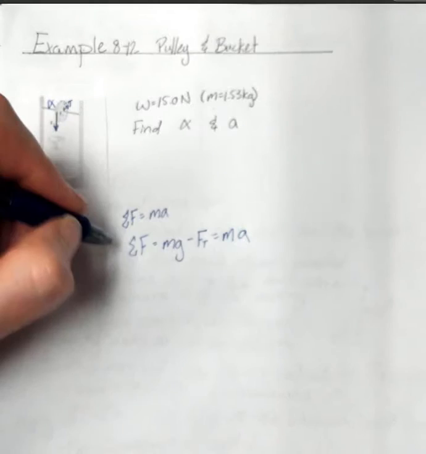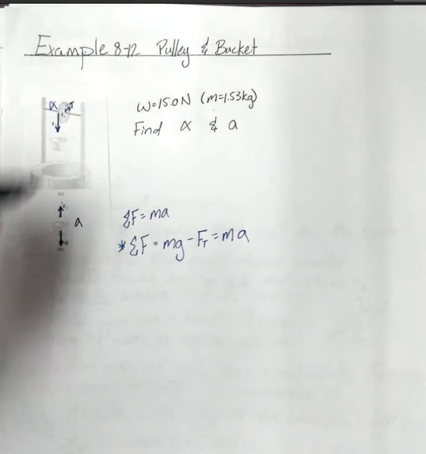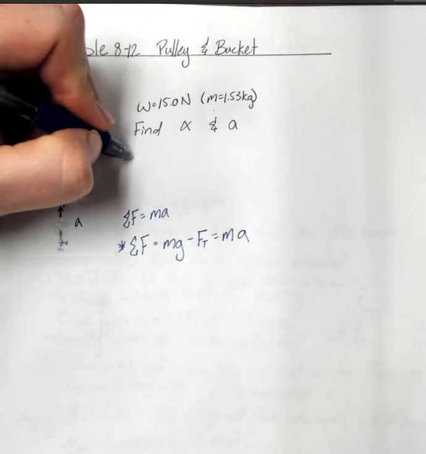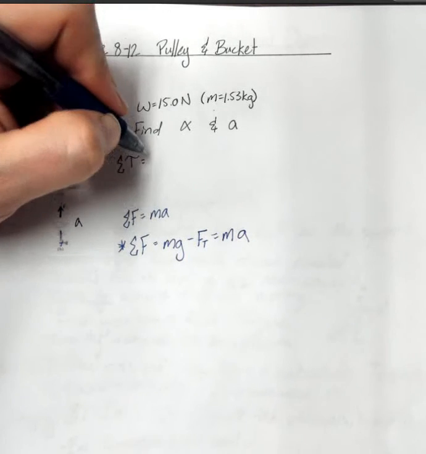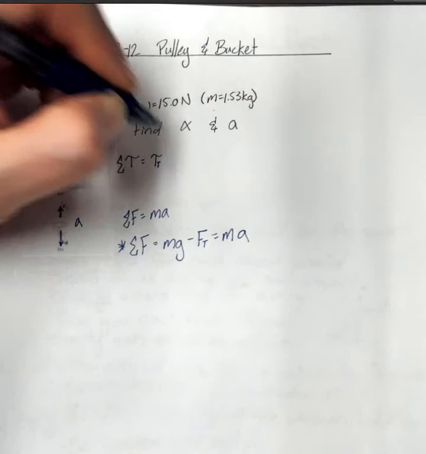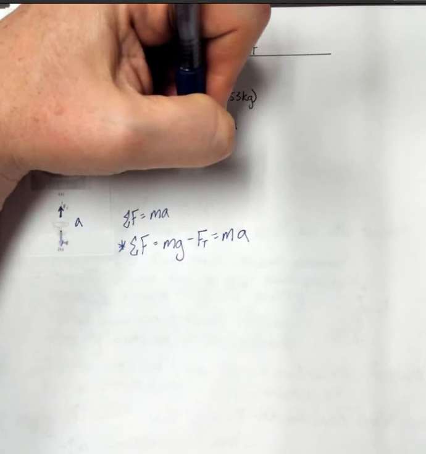So that's one equation that we have to our benefit. We also know that for the pulley, the net torque is given by the torque from tension minus the torque from friction, and that is going to be given by the moment of inertia times the rotational acceleration, I alpha.